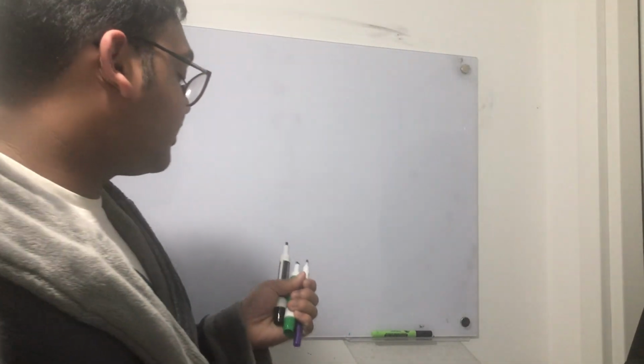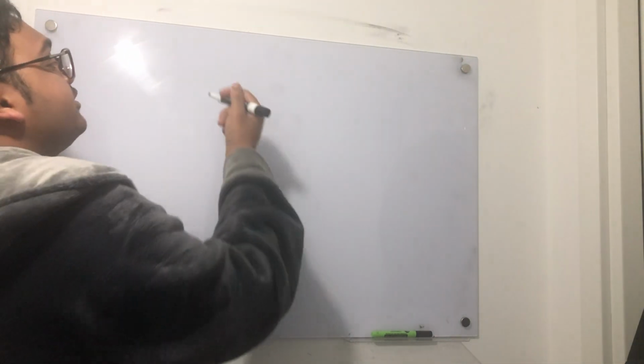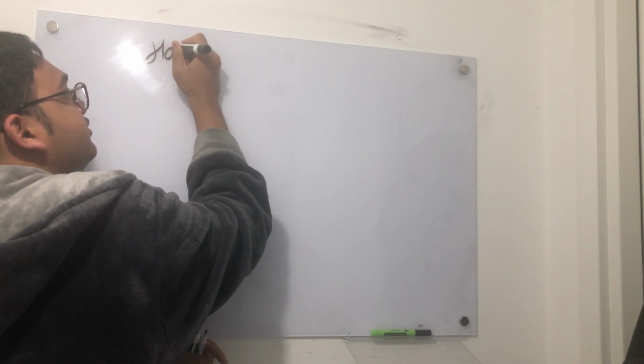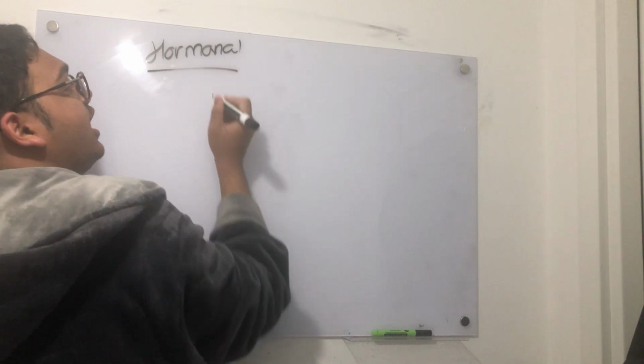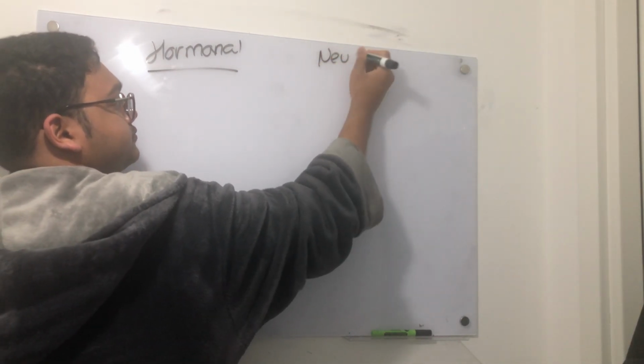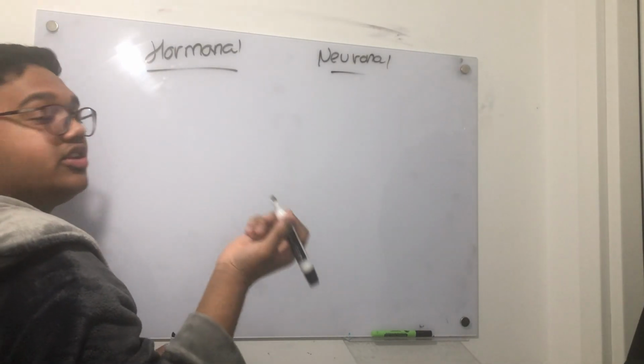So let's get started. There's two types of systems in your body. The first part is the hormonal system, and you have the neuronal. And they're pretty self-explanatory. They should be like GCSE revision.